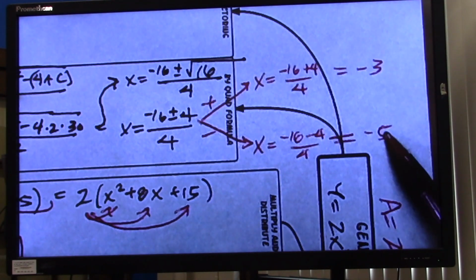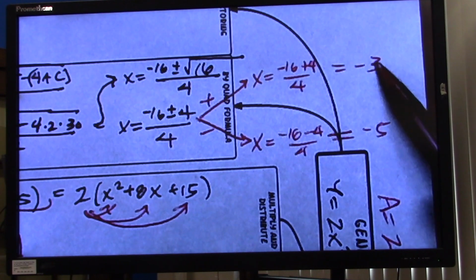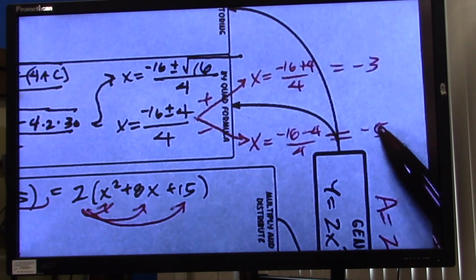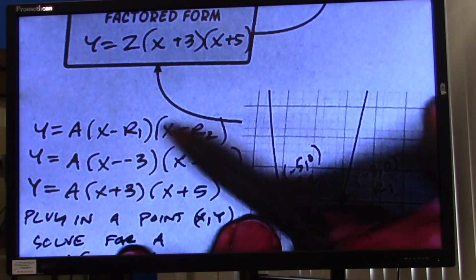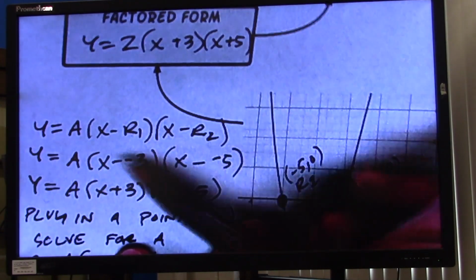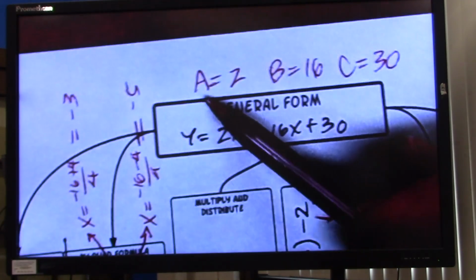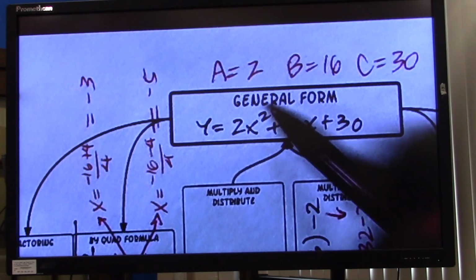Now, what did that do for us? What is the usefulness of negative 3 and negative 5 as answers? They don't actually get you to this factored form. All they do is get you r1 and r2. You still have to know that the a number is 2, because it's the same a as here.